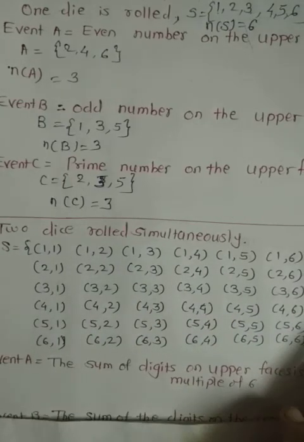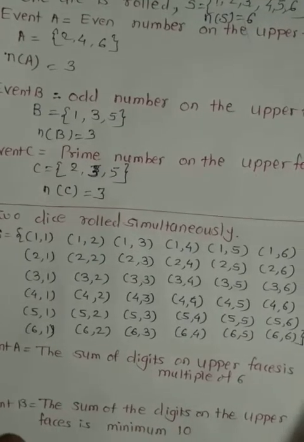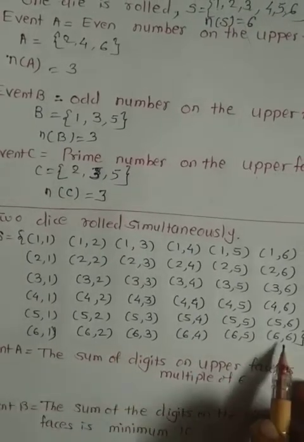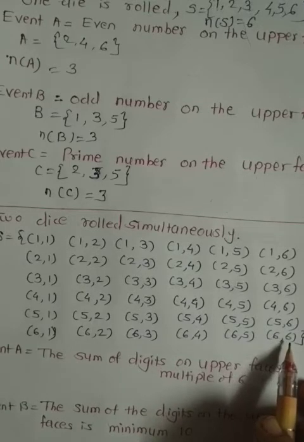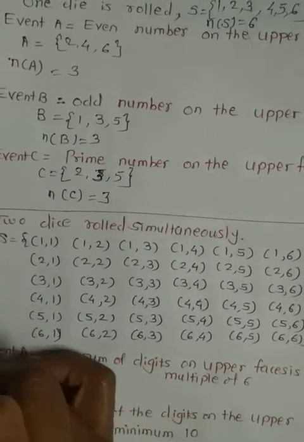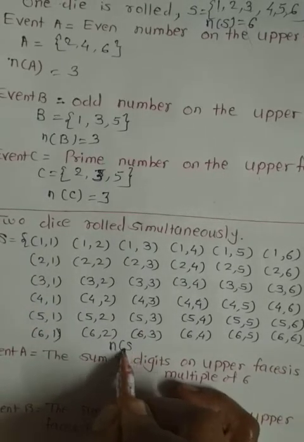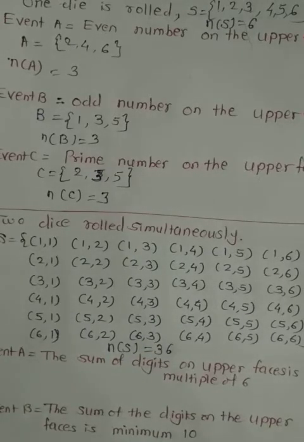We already learned how to write that sample space in the previous video. And at last 6,6 means on both dice there is number 6. Here the total number of outcomes is equal to 36.